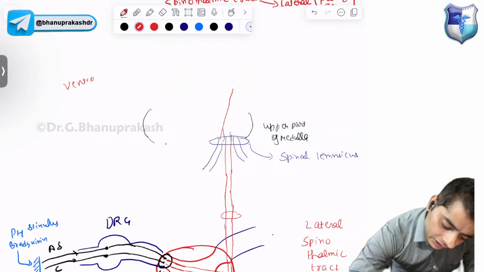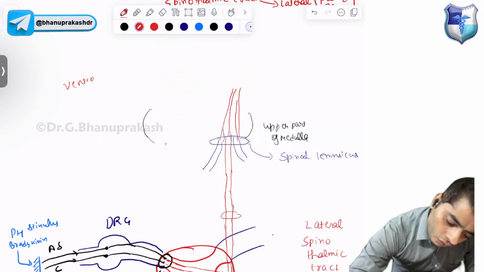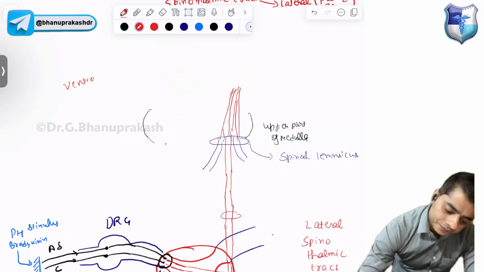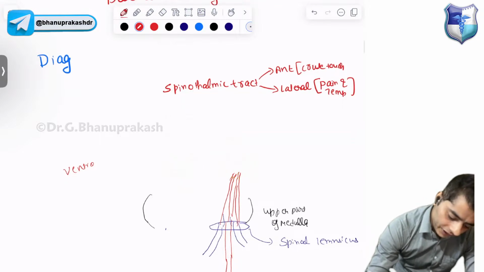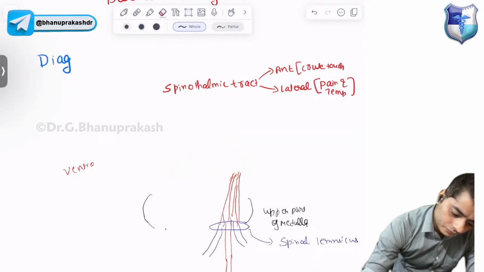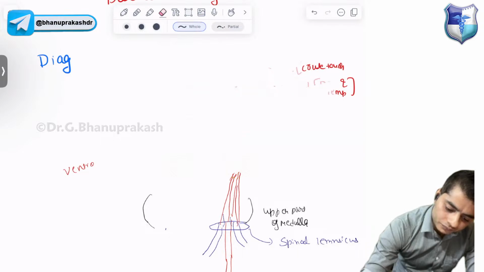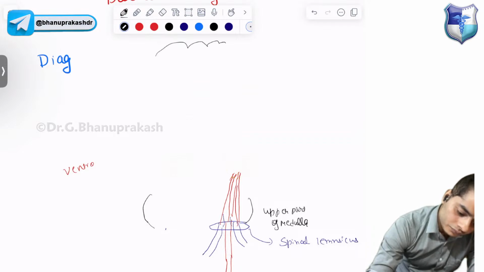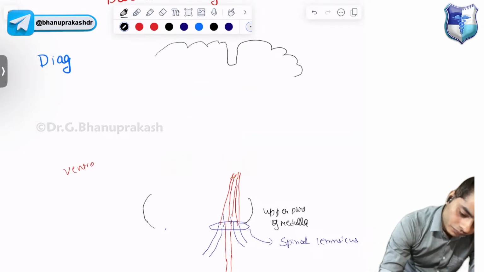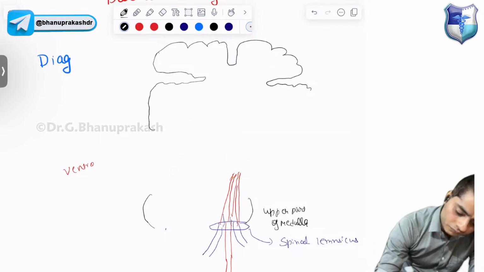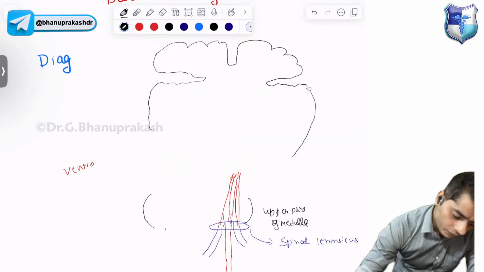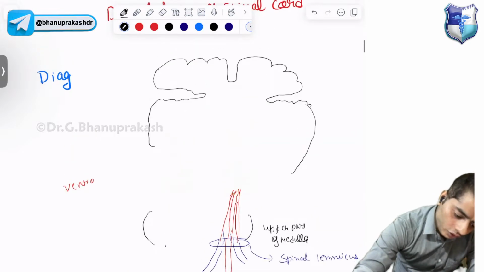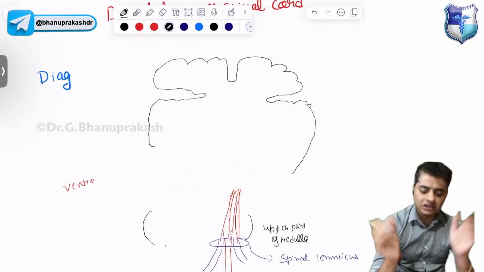Now, this tract will go in the VPL nucleus of thalamus. From there, we all know that thalamus is a relay center of sensory information.